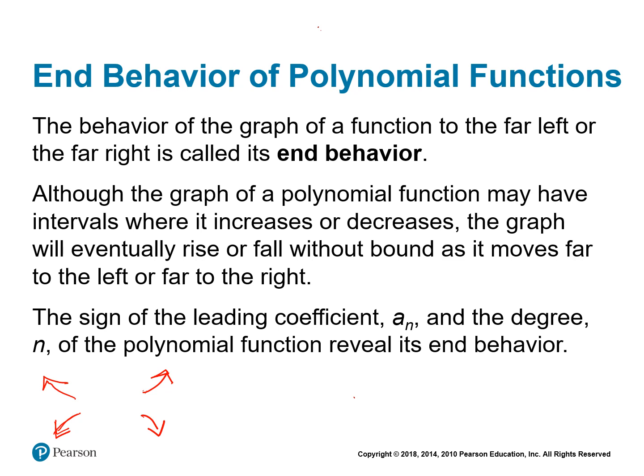It says here, although the graph of a polynomial function may have intervals where it increases or decreases, the graph will eventually rise or fall without bound as it moves far to the left or far to the right.